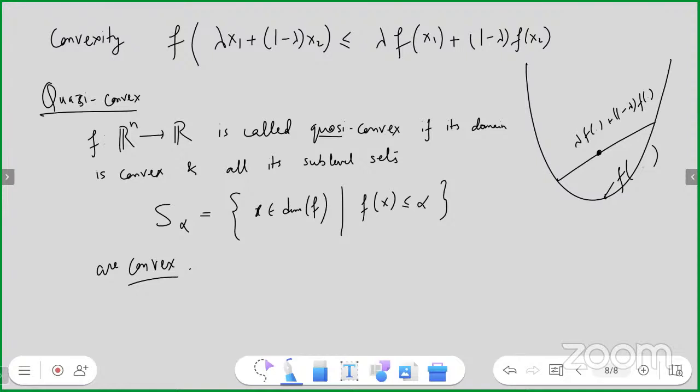So not asking for the definition above. Give me an obvious thing, a quasi-convex function which is not convex. Every convex function is quasi-convex, that much is clear. Give me a quasi-convex function which is not convex.